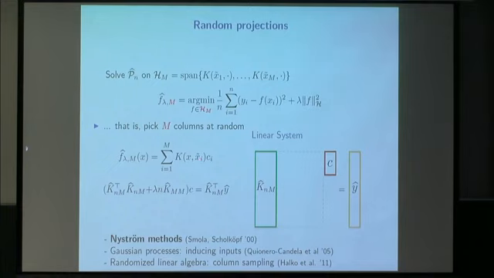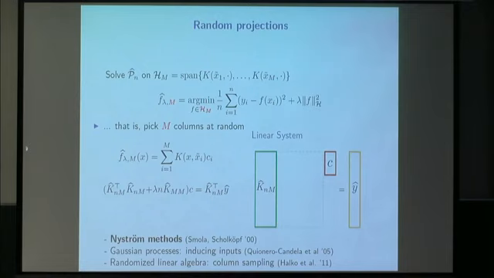Just to be clear, we consider the empirical error over all the observed examples, but the estimator is expressed with respect to the Nystrom points we have selected. In this case, the coefficients are given by the solution of this system. So, in a sense, we have to solve this linear system.